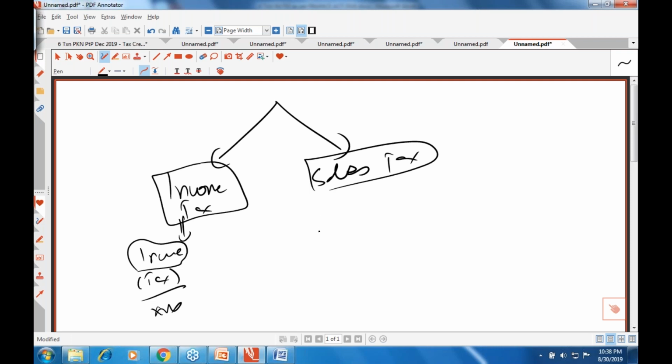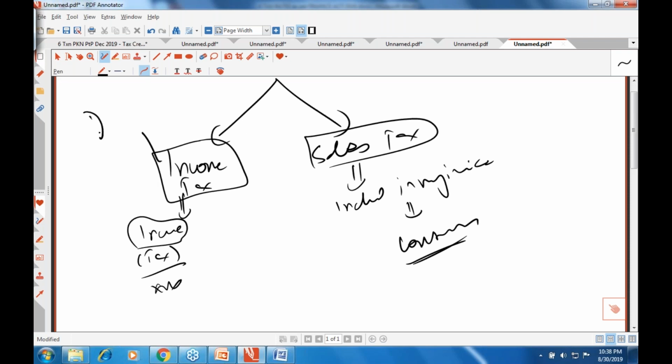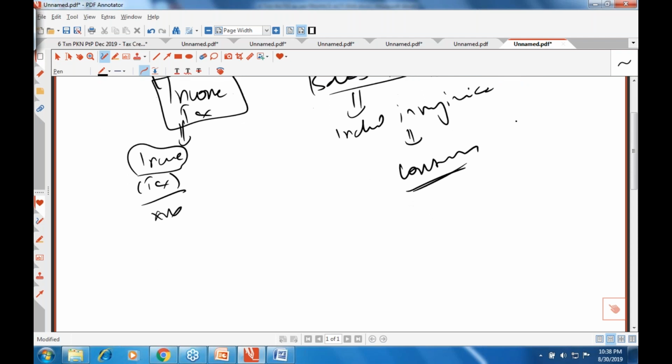But if the services I'm providing are subject to sales tax, I am going to include it in my invoice, and ultimately the consumer is going to bear that sales tax. So remember, income tax is called direct tax and sales tax is termed indirect tax.